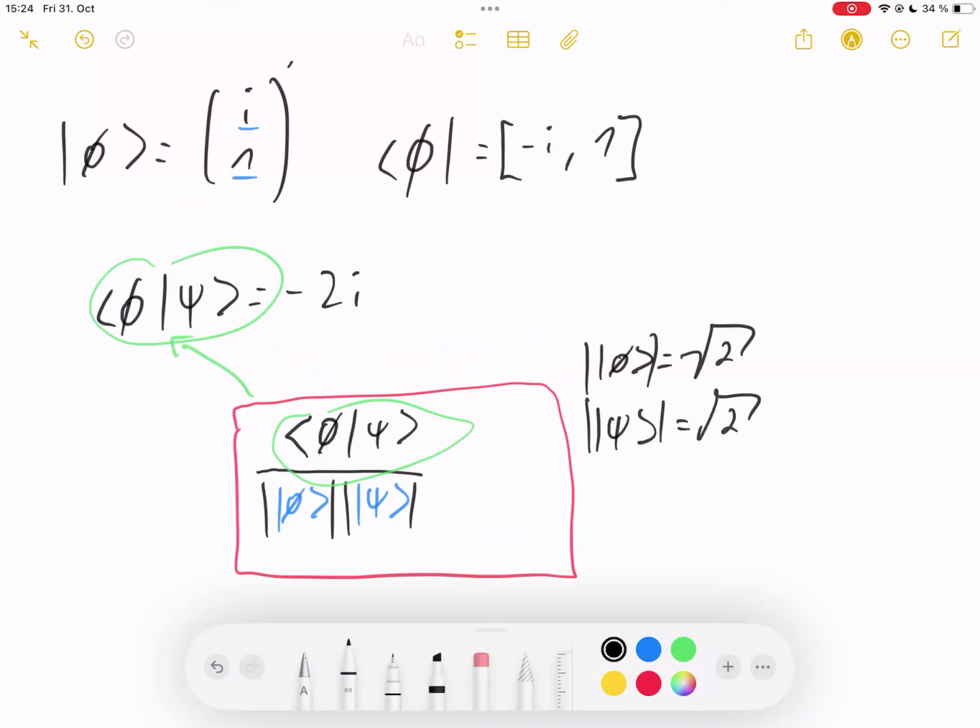So what would happen here is we have our minus 2i, and we would divide it by the product of square root 2 and square root 2. So the product is 2. So minus 2i divided by 2 is just minus I eventually. We have also detailed this in the slides in case you wish to follow this step by step, or you would normalize them first and see you would get the same result.